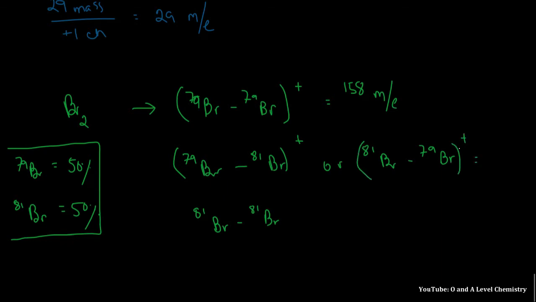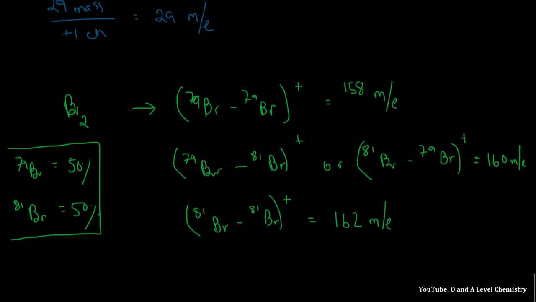Notice that we have to have pluses, because if it is not positive, it won't be accelerated or deflected in the mass spectrometer. So 81 and 79 are both going to give an m/e of 160. And 81 and 81 is going to give an m/e of 162.